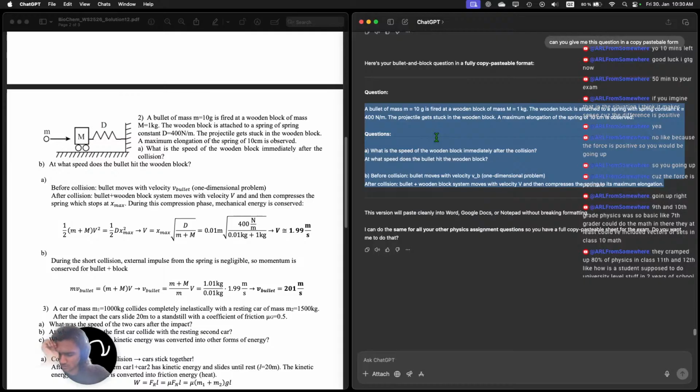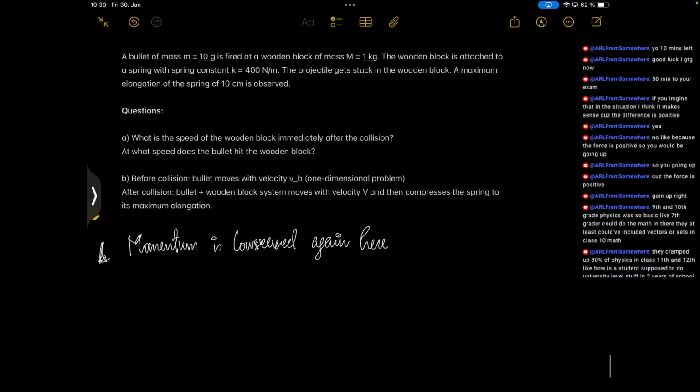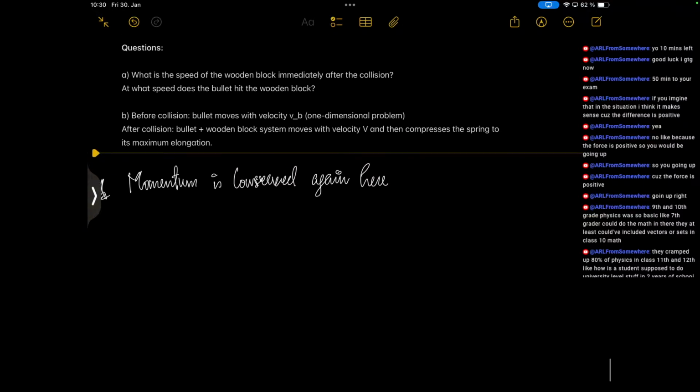I'm gonna share again. Momentum is conserved. Again here. Momentum is conserved. Think. Momentum is conserved.